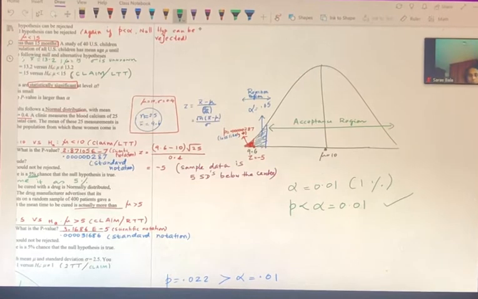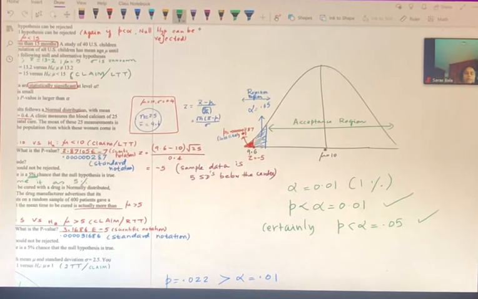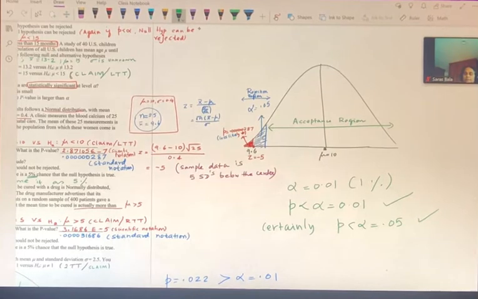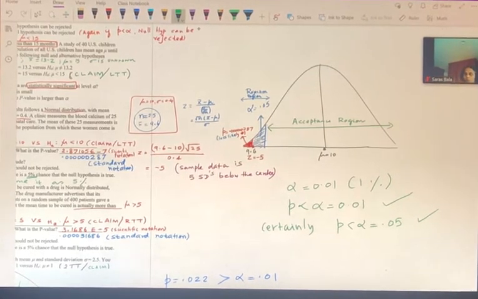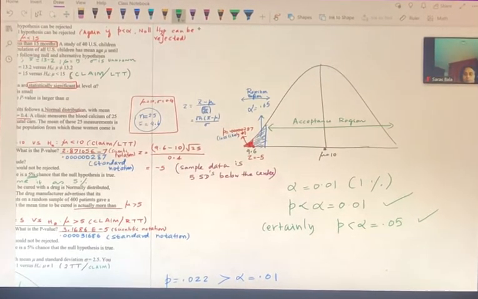If it is true at 1%, certainly it is going to be true at 5%. Do you agree that if your p-value is less than 1%, certainly the p-value is going to be less than 5%? So true at 1% obviously indicates it's going to be true at 5%, but not vice versa.